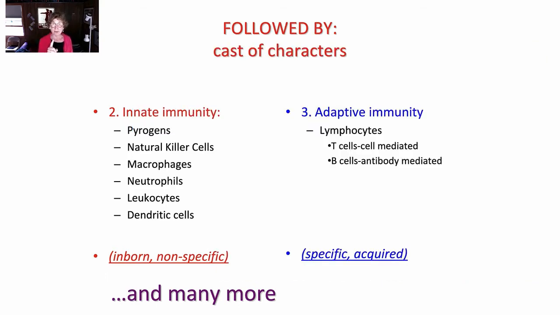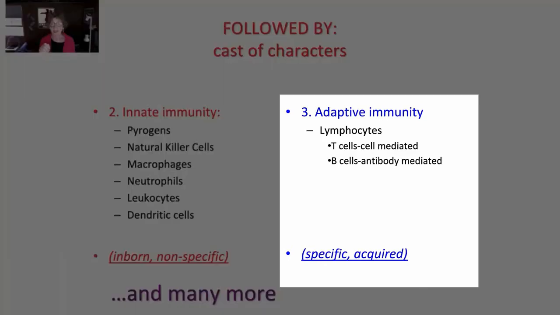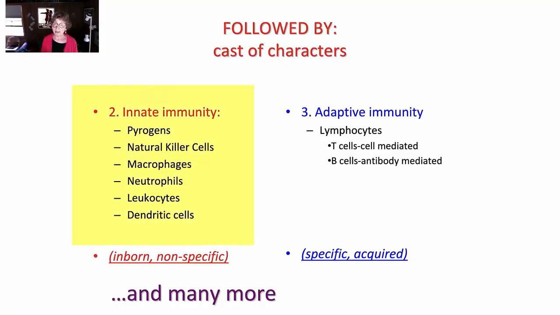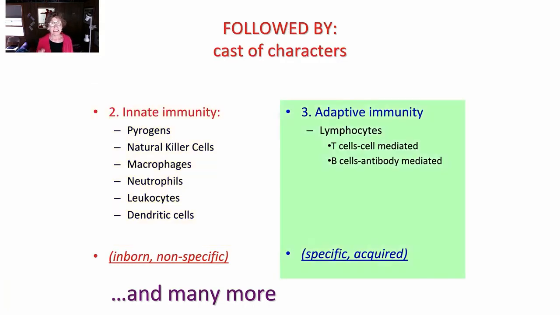The adaptive immune response is very specific. And we have in our adaptive immune response very specific cells for a specific pathogen. And these are lymphocytes that are T cells and B cells. So we have the innate immune response, which is non-specific, and we have the adaptive immune response, which is very specific.